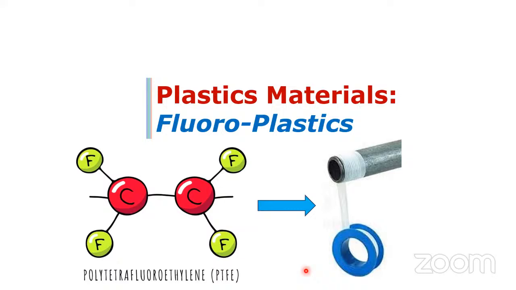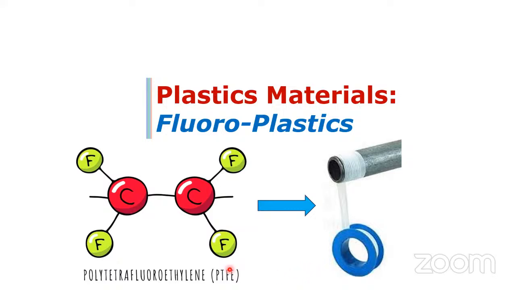So do you know now what Teflon is, and in which family of polymer it comes? Yes, it is PTFE, which is nothing but a fluoroplastic. So what exactly are fluoroplastics? Fluoroplastics are those in which fluorine is present in your polymeric chain.